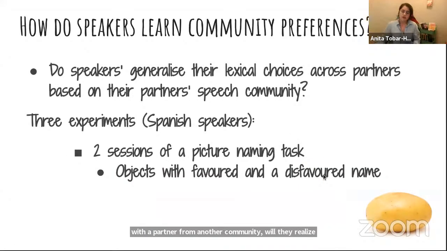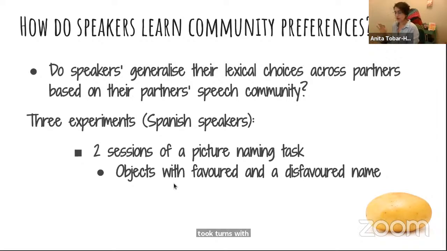To test this, we had participants engage in 2 sessions of a picture naming task, where they took turns with a confederate, which was pre-programmed software, to first match and then name pictures that appeared on the screen, which had both favored and disfavored names.